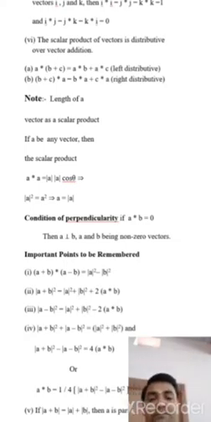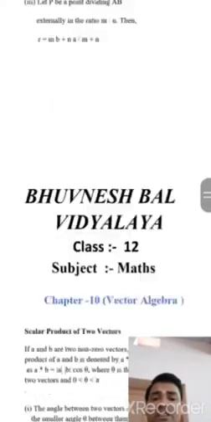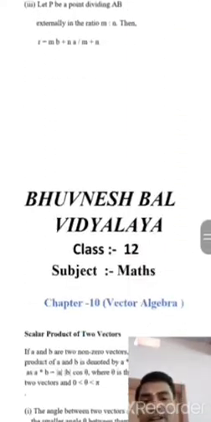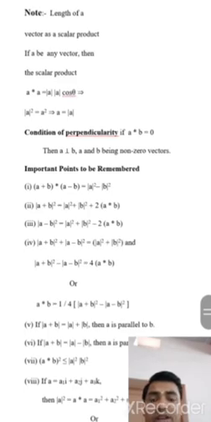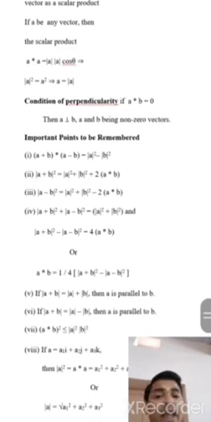Okay students, now some conditions. First condition: if A·B equals 0, then A is perpendicular to B. It means the two vectors A and B are perpendicular to each other. Okay students, now some points to remember.